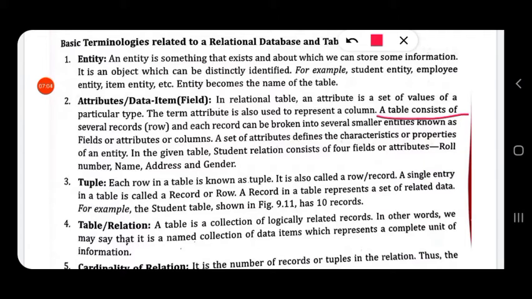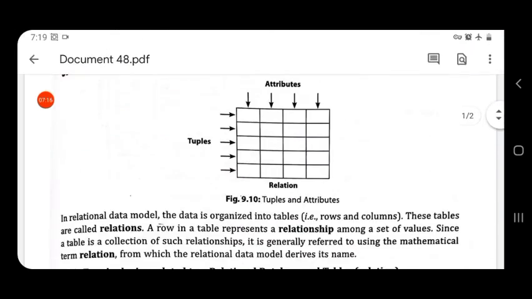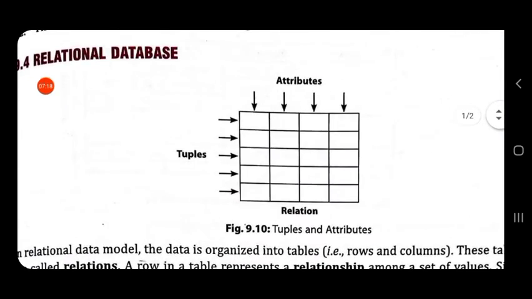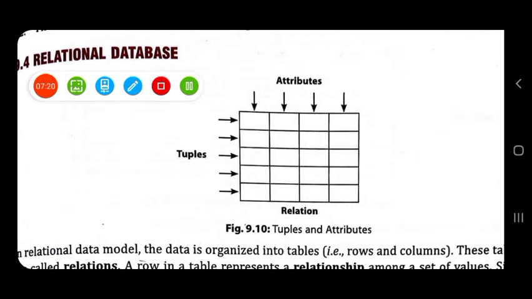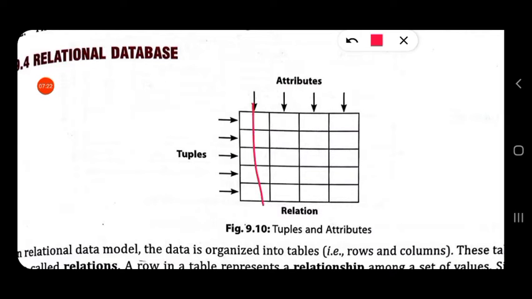In this table, the student relation consists of 4 fields or attributes. They are roll number, name, address, gender. So you can see a table. Suppose, as I told you before, this contains name, this contains roll number, this age, then this marks of student.